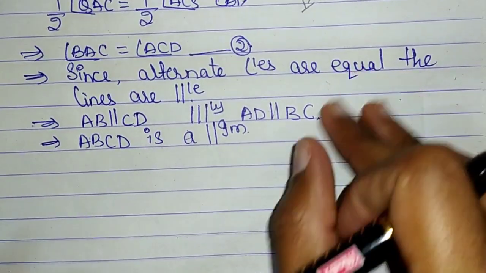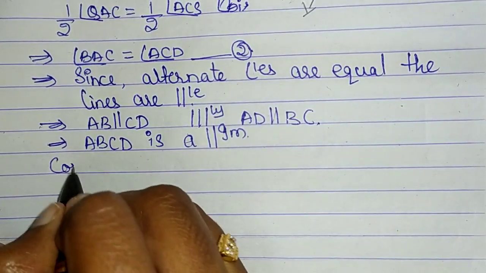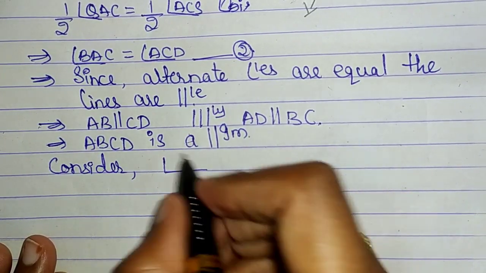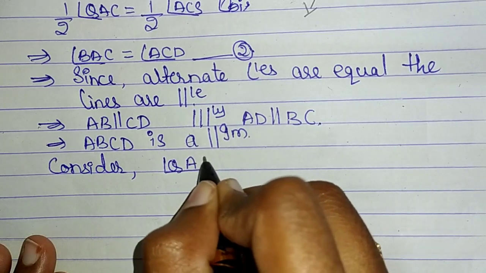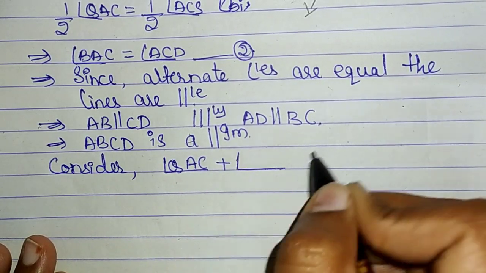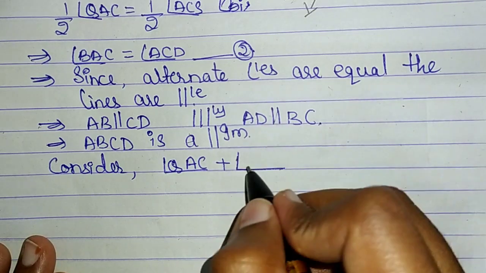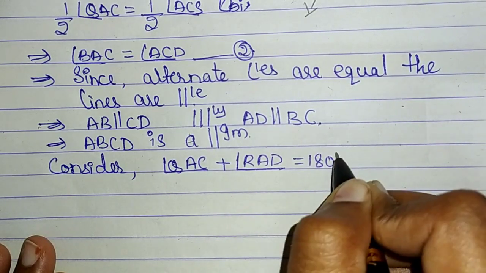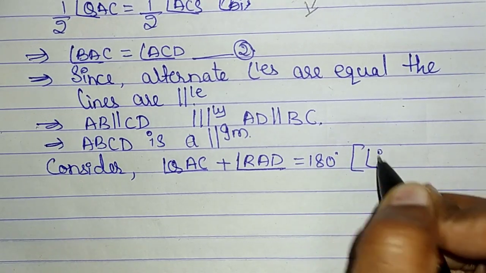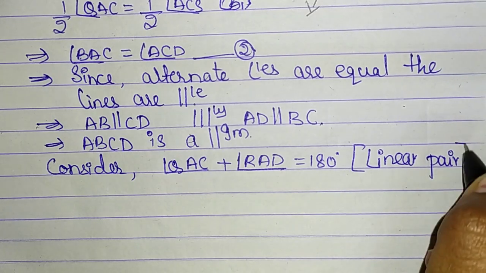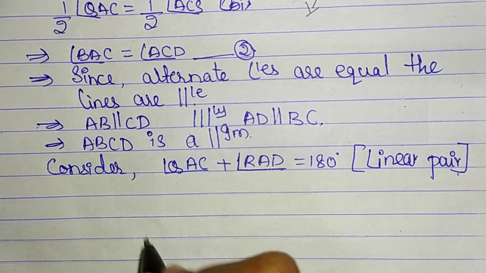So now consider angle QAC plus angle RAD, which is equal to 180 degrees, because they are a linear pair. If you look at the figure, you will know that both these angles make a linear pair.